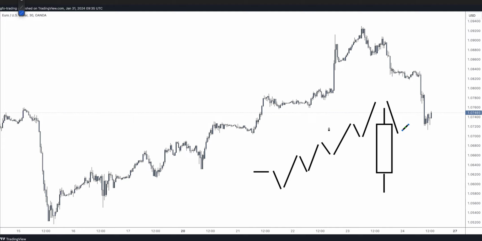So the way that we would look to enter this, and how we would use the candle anatomy to move forward with.